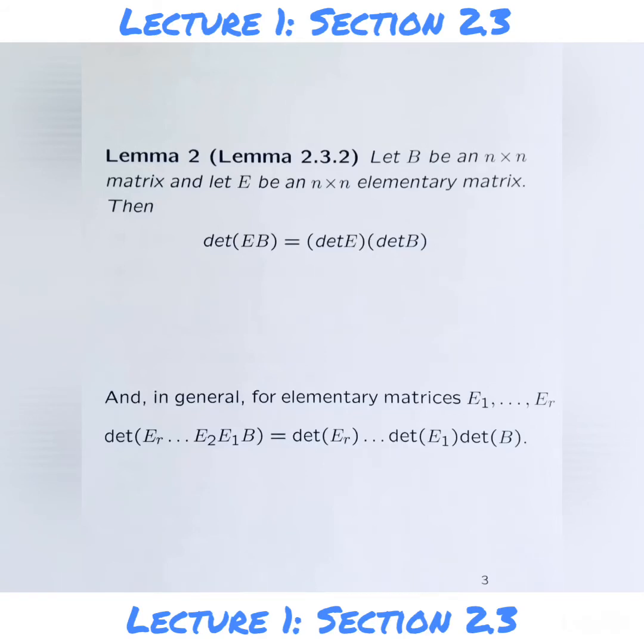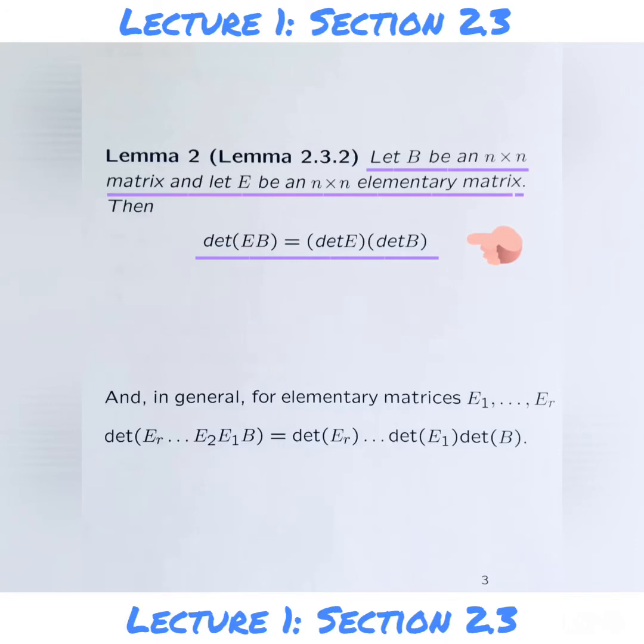So lemma 2.3.2 just states that if B and E are two n by n matrices and E is an elementary matrix, then the determinant distributes over the product of an elementary matrix with the matrix B. And then generally this law holds for a sequence of elementary matrices.